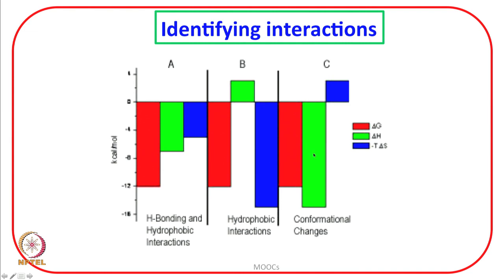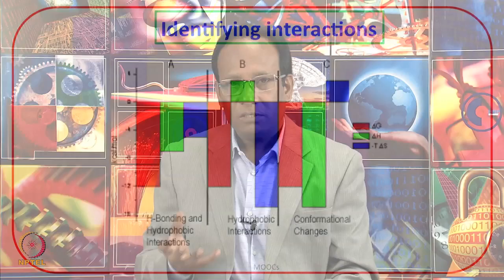Now, let us take a look at the last panel, where delta G is negative, delta H is negative, but delta S is also negative. Minus T delta S is positive means delta S is negative. These trends are representative of conformational changes. Conformational changes can be in the ligand also, and conformational changes are also possible in the protein.